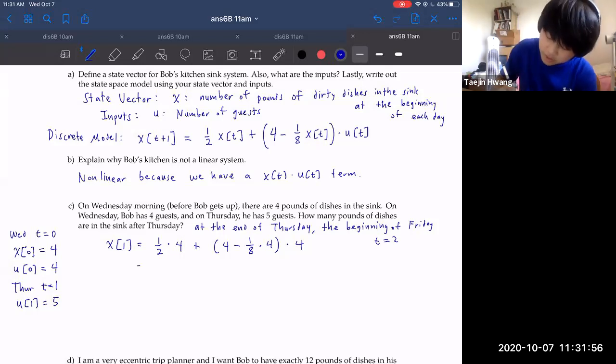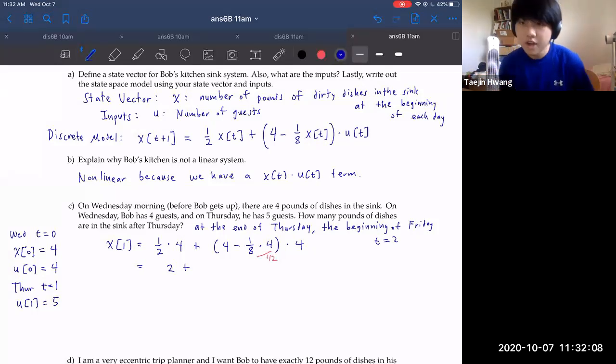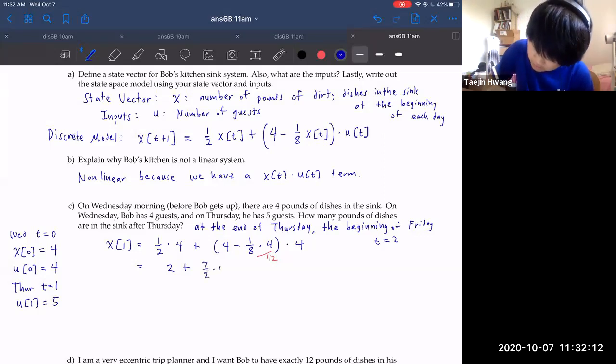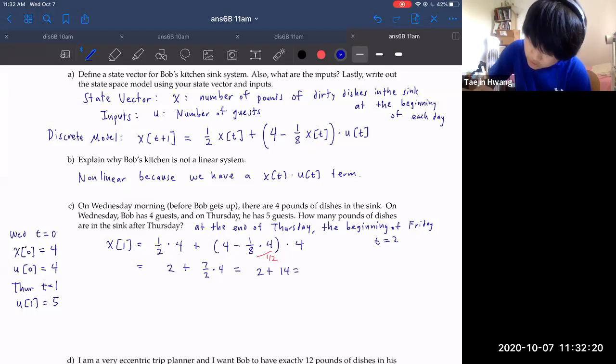If we simplify this, this is going to be 2 plus, let's see, this is going to be 1/2. So 4 minus 1/2 is 7 over 2 times 4. And if we simplify all of this, this is going to be 2 plus 14, which is then equal to 16.